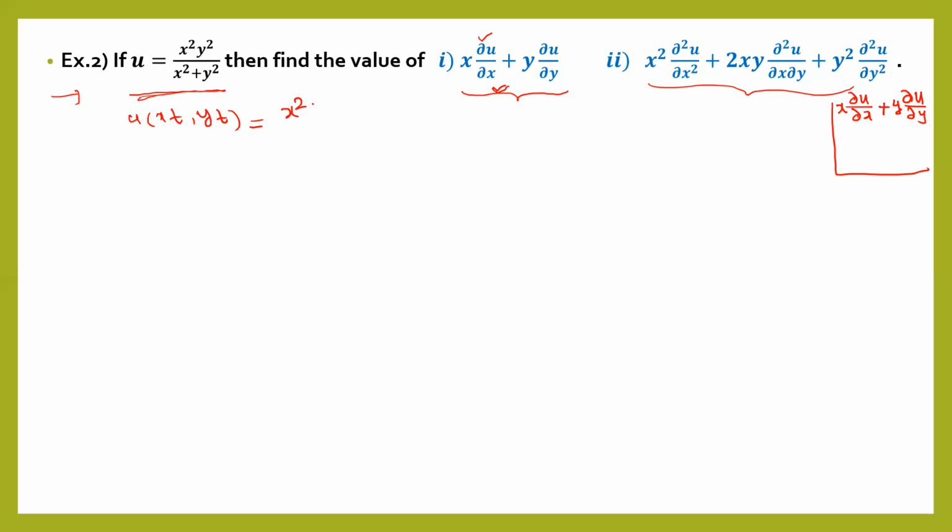This is x square t square y square t square upon x square t square plus y square t square. Now when you simplify the numerator, this is t raised to 4 x square y square upon, you can take t square common from the denominator. So we have x square plus y square in bracket. Now one t square gets cancelled from numerator and denominator, so only t square remains in the numerator.